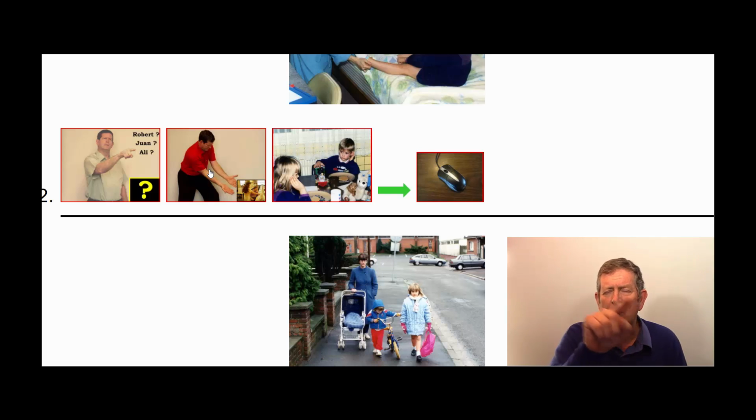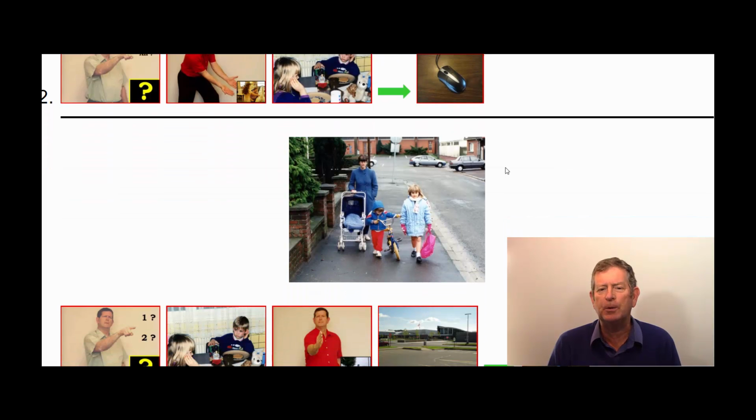So not who help, but who helps. Who helps the children? What's the answer? Is it John? Is it Carol? Is it the neighbors? Right, Carol helps the children, okay?